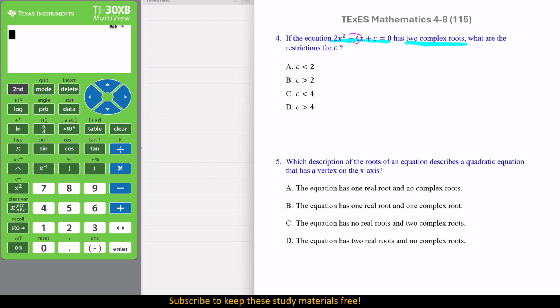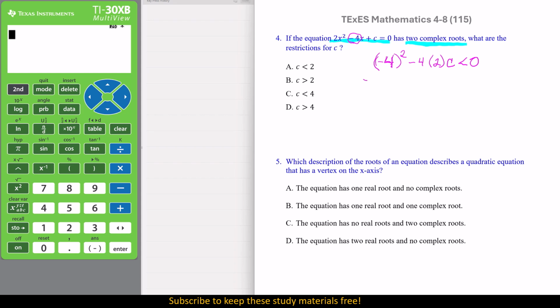So what do I mean? Well, we have negative 4 here. So negative 4, that's our b, squared, minus 4 times a, which is 2, and then we have our c, and that must be less than 0. Now, I don't right away solve everything here.